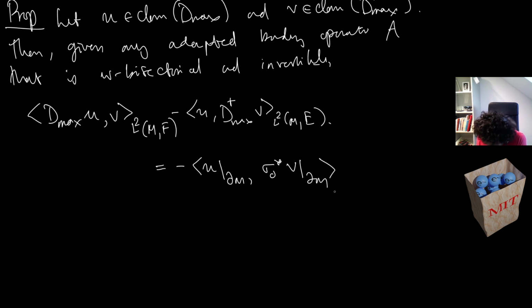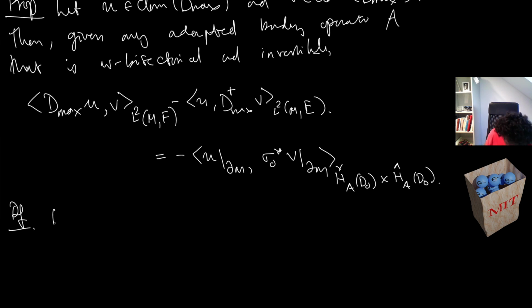And what is this pairing? This is H check A of D naught cross H hat A of D naught.